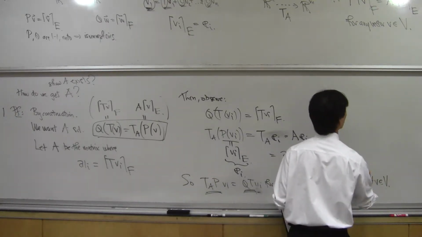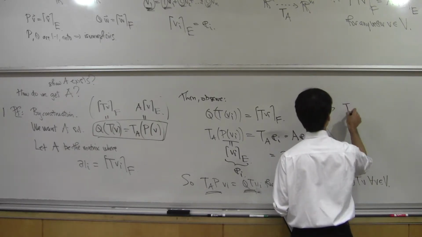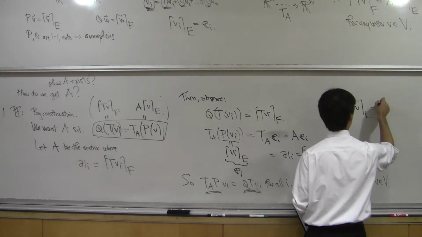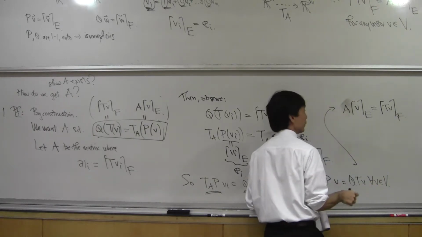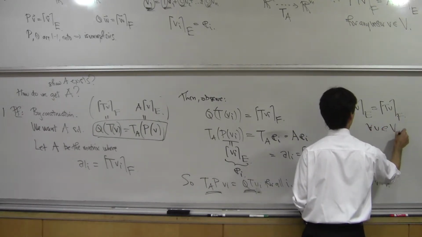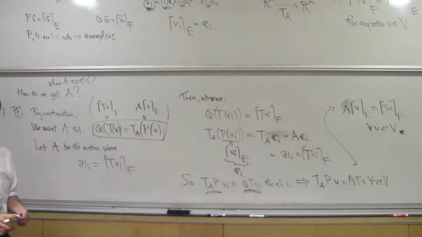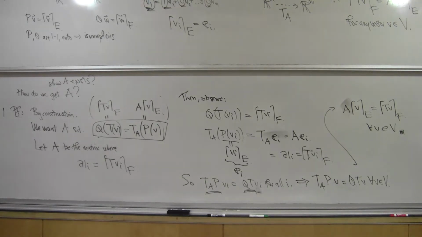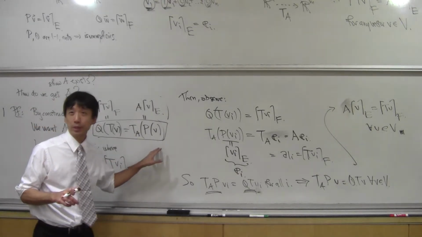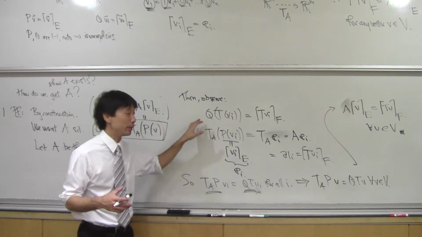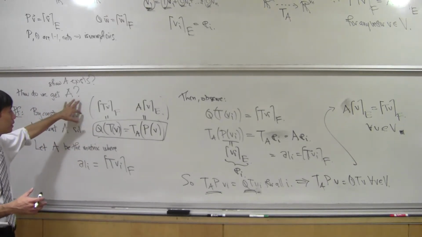In other words, A times the coordinate vector of B with respect to E is the coordinate vector of T(B) with respect to F. Okay, so there is a matrix that embodies everything about the linear transformation, all the information contained in the linear transformation's action on this vector space.